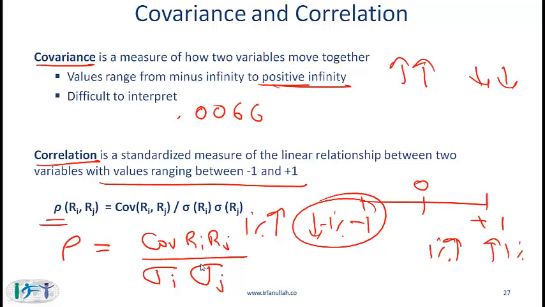If you are given the covariance and the two standard deviations, you can compute the correlation. From this formula, you can also see that covariance between the returns on two stocks is equal to the correlation times the standard deviation of the first stock times the standard deviation of the second stock. So this formula is important to memorize. It allows you to move between covariance and correlation.